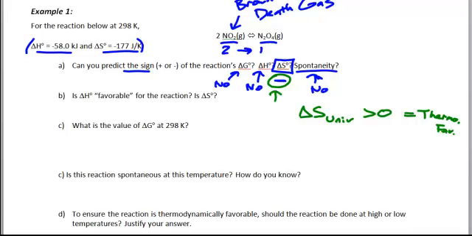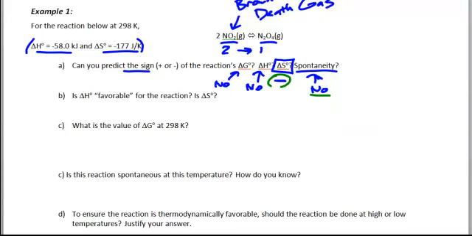What we found, however, is not the entropy change of the universe. This is the entropy change of the system. Two different things here. And so, no, we cannot determine if a reaction will be spontaneous or not because, again, there's no way of looking at the entire universe. So with those predictions in mind, or the whole one prediction, let's go ahead and calculate some of these things.